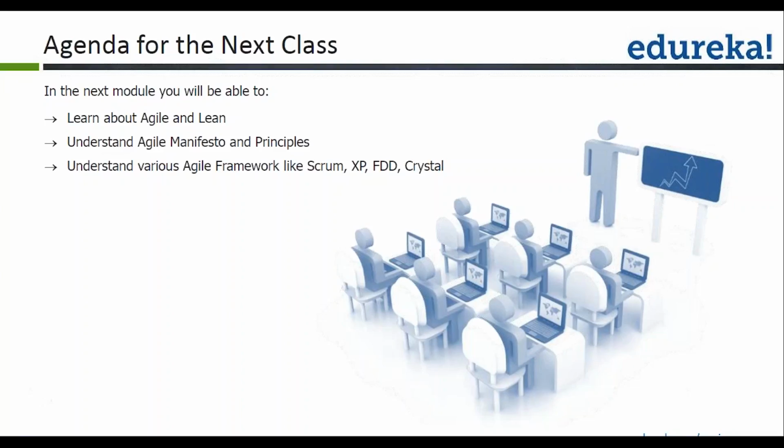And as I said, all the modules are being recorded. You can always refer to the recording at any point in time. So with this, we complete the first module. Any questions on the first module before I go to the next module? Any questions?